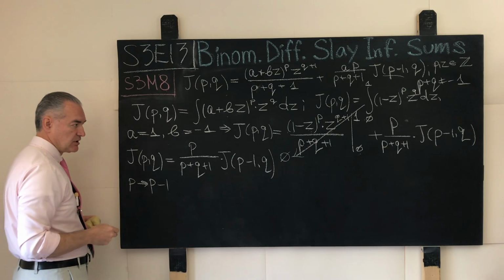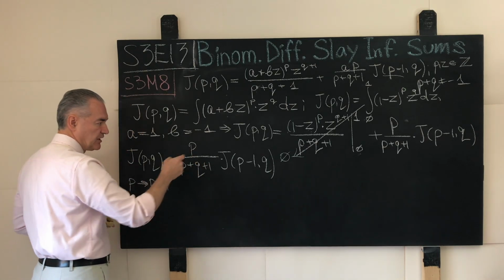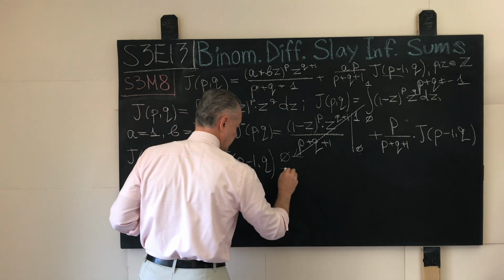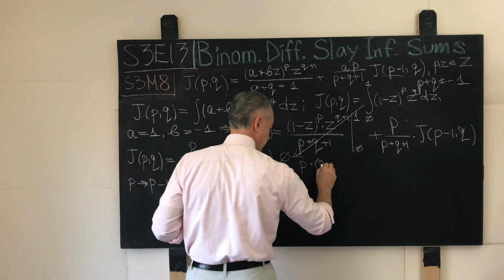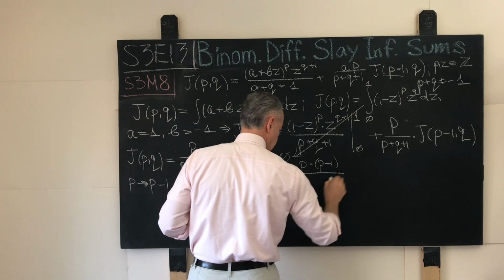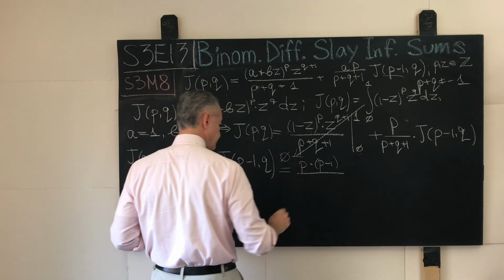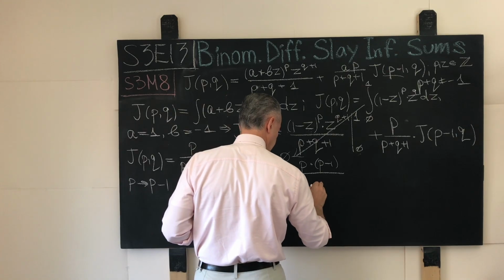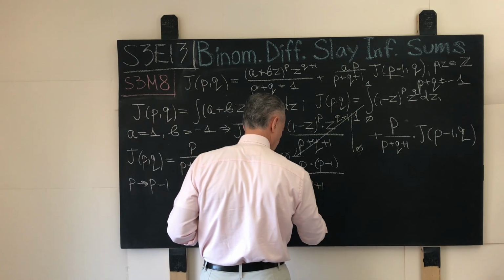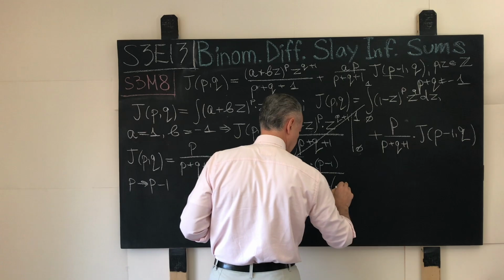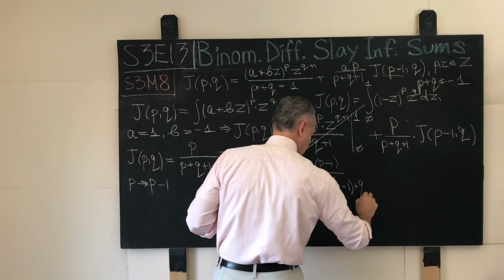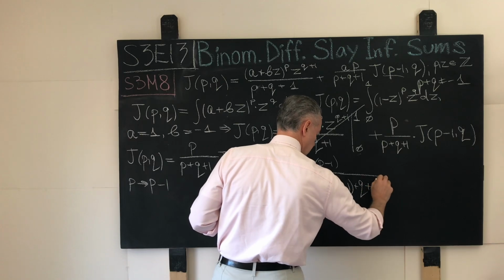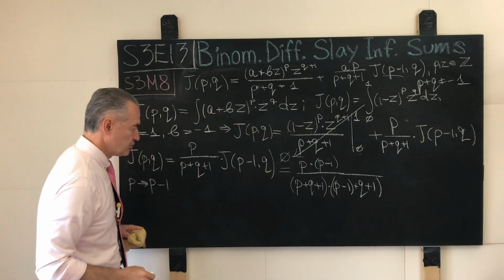Well, let's see. The second time we iterate, we will write it down like this. It will be p times p minus 1 divided by, here we will have, p plus q plus 1 times p minus 1 plus q plus 1. That much is understood.